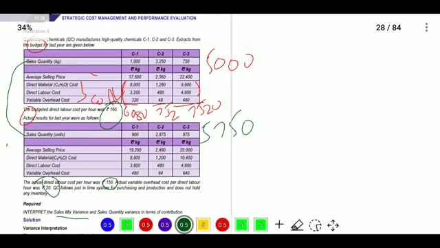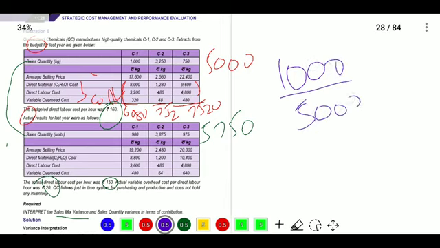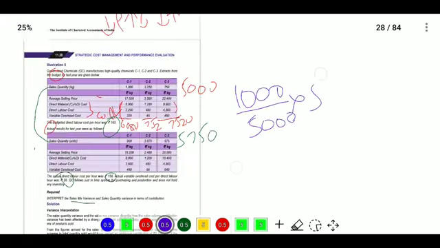For example, what they provided: 1000, 3,250 plus 750, so 5,000. For C1, 1000 divided by 5,000 quantity, into the actual 5,750.